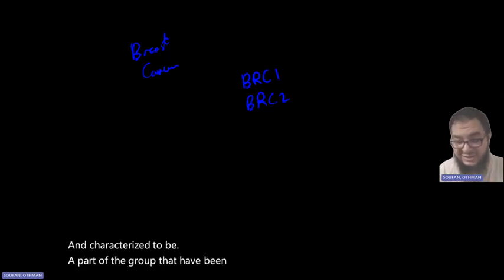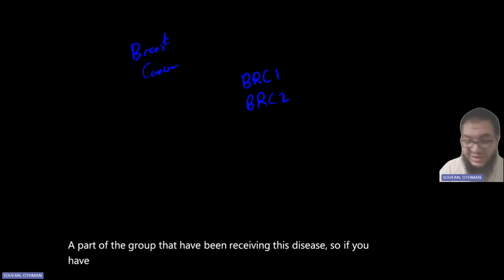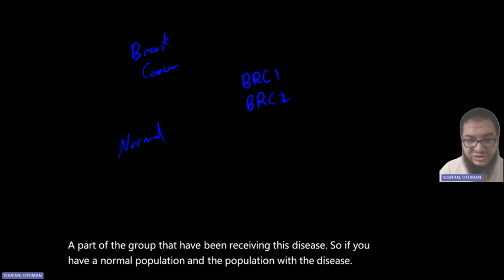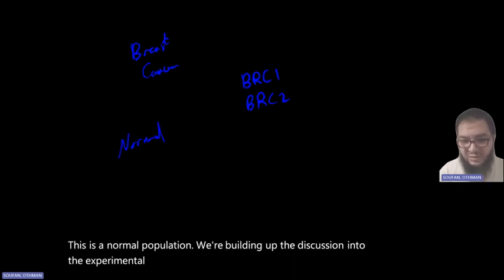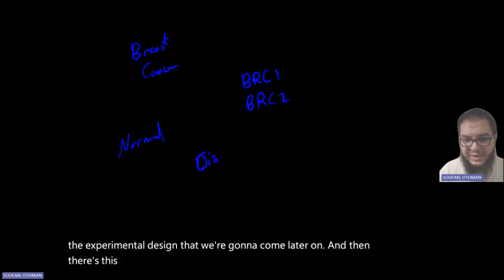been receiving this disease. So if you have a normal population and a population with a disease, this is a normal population. We're building up the discussion into the experimental design that we're going to cover later on. And then there's this disease group, okay? Disease group, normal or control group, whatever.